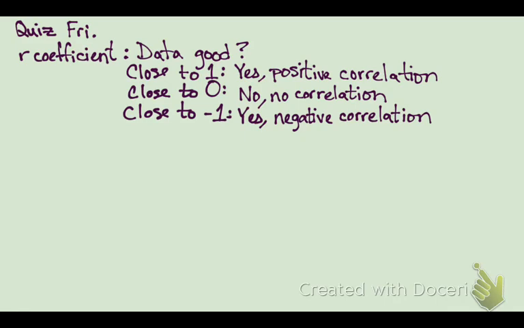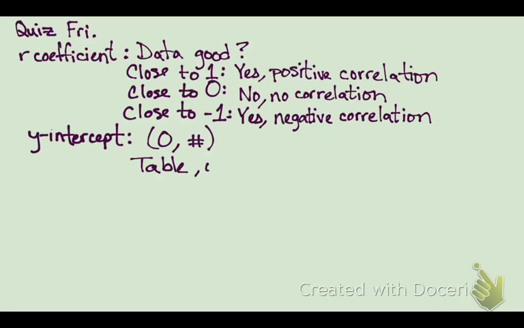Along the way, I'm going to ask you about interpreting your y-intercept. Your y-intercept, you need to realize, is going to be some sort of number. You've got to refer back to the table or problem, meaning go back to words, to figure out, well, what's the x-coordinate, what's the y-coordinate, what were the words associated with those?